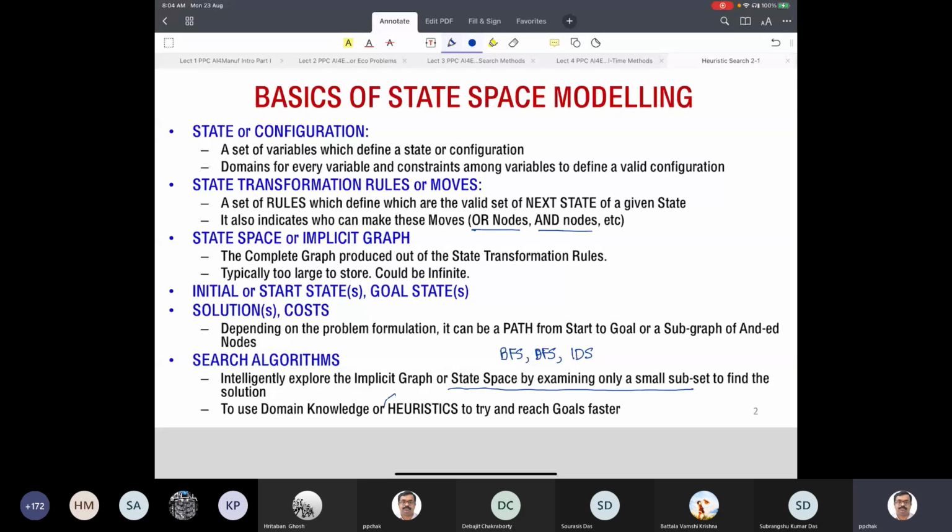Now, today we will start the concept of heuristics, which are domain specific information. For every problem, you have different kinds of heuristics. Today we shall see some kinds of heuristics, how these heuristics are mapped into a common function, and how these functions are used to solve the search problem.